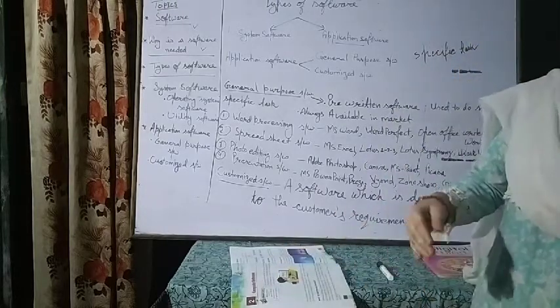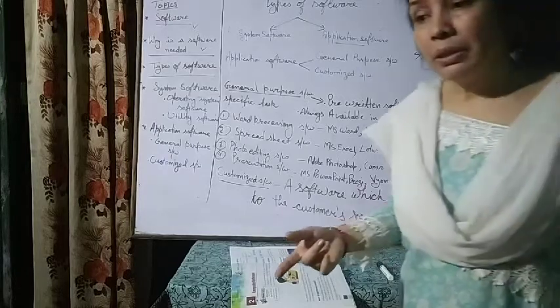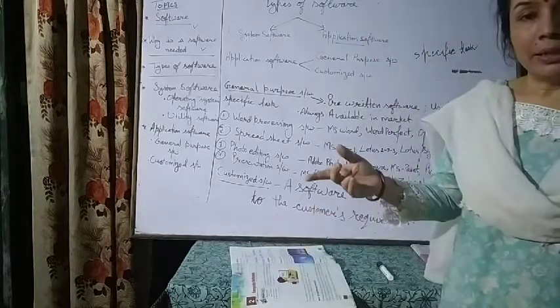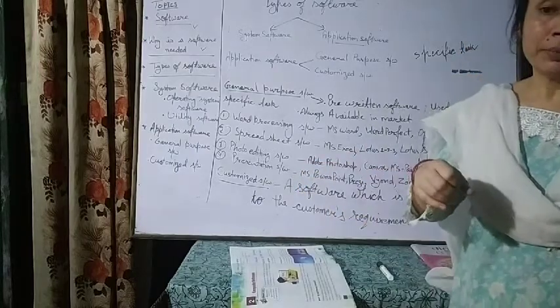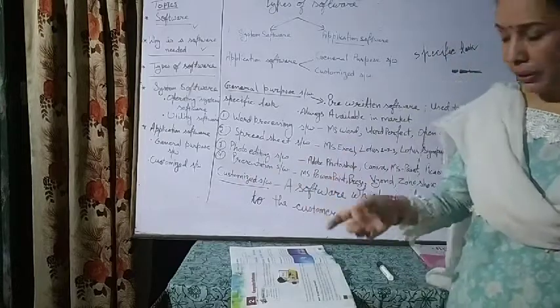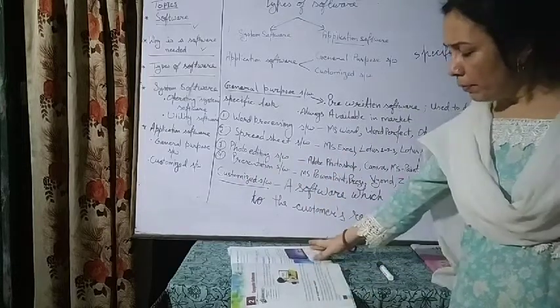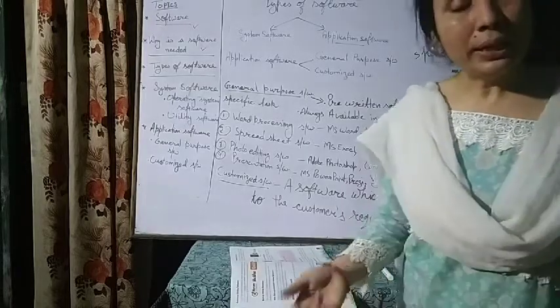Many types of maintenance work we need in a computer. We discussed backup, how to create a backup, then disk defragmentation. This type of maintenance work we need to do.